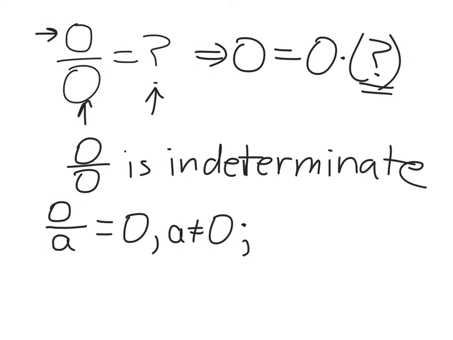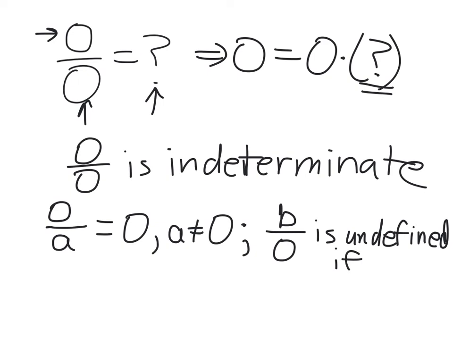We could also say some number divided by 0 is undefined if the numerator does not equal 0. So we can't just say anything divided by 0 is undefined. We could limit it to anything except 0 divided by 0 is undefined. And then we just showed 0 divided by 0 is what we call indeterminate.